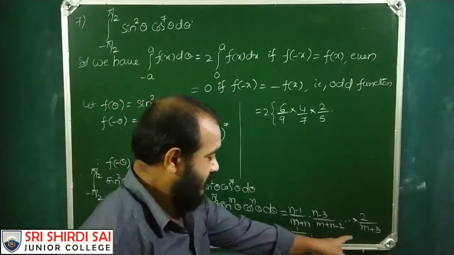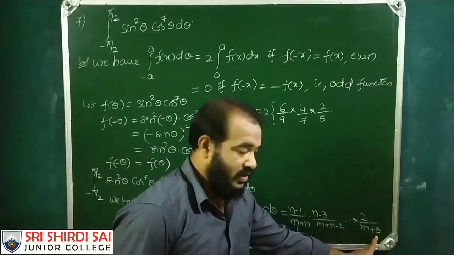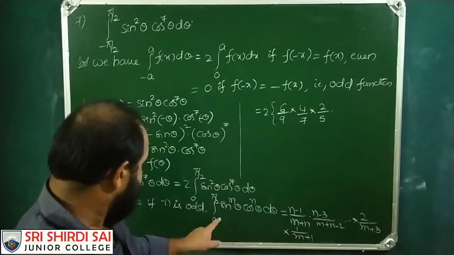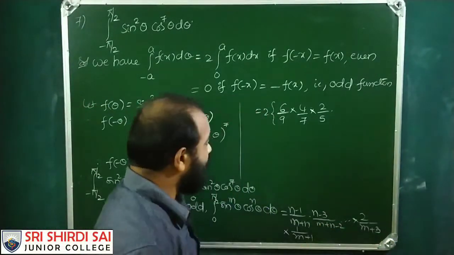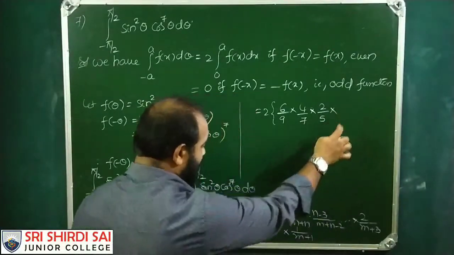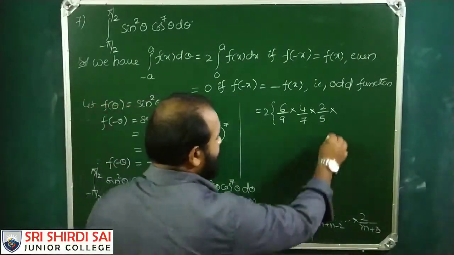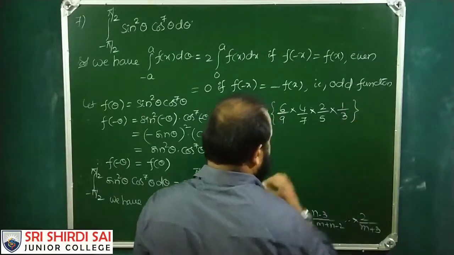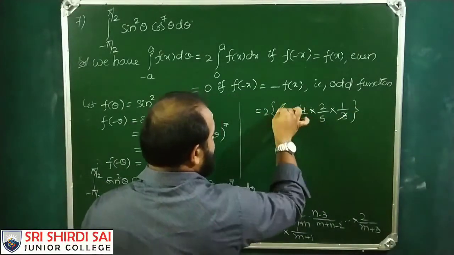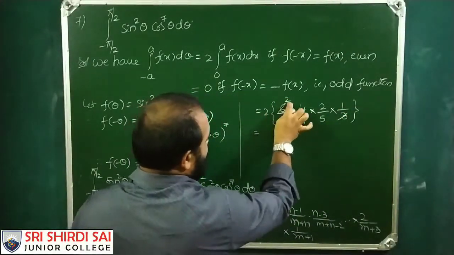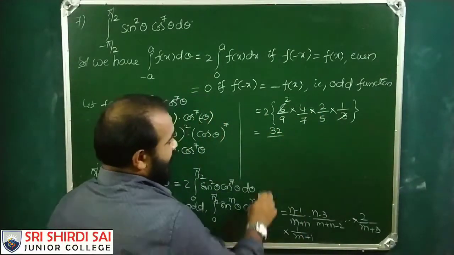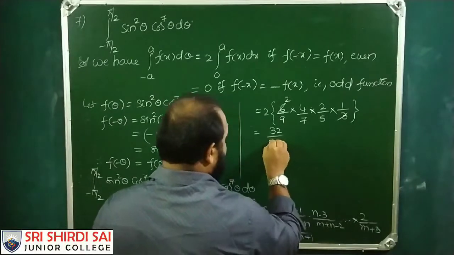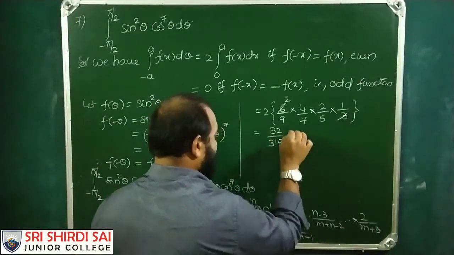And see this 2 by m plus 3 we got or not? m is 2. So 2 plus 3, 5. So into the next term will be 1 by m plus 1. 1 by 2 plus 1 is 3. So 3 twos are 6, 2 twos are 4, 4 twos are 8. 8 fours are 32 by 9 sevens are 63, fives are 315.